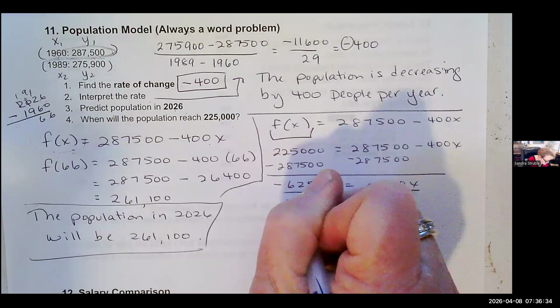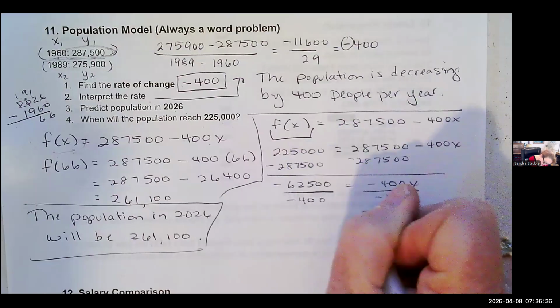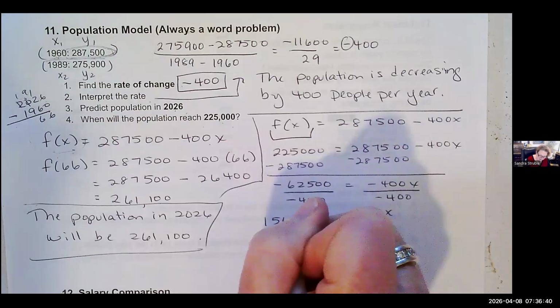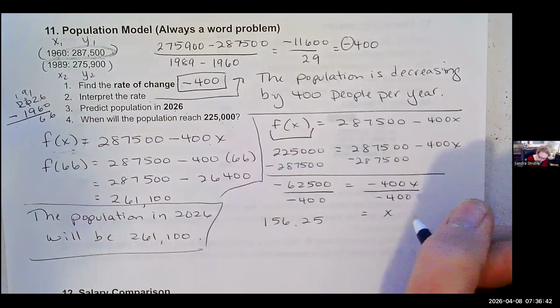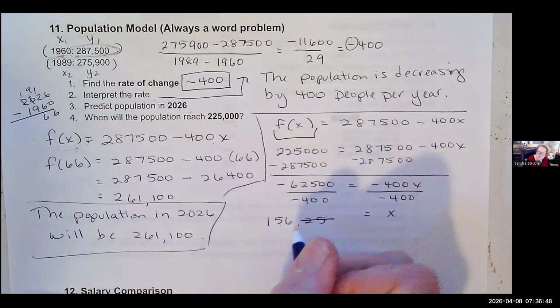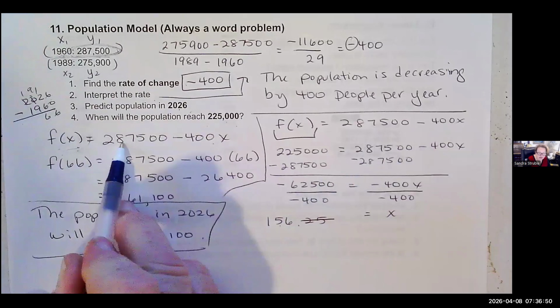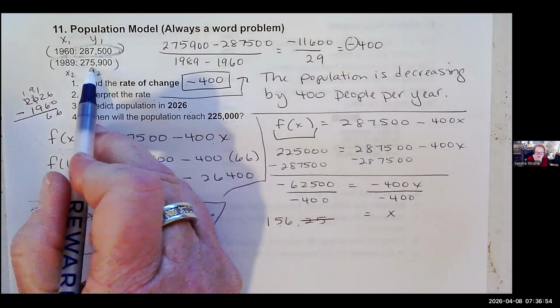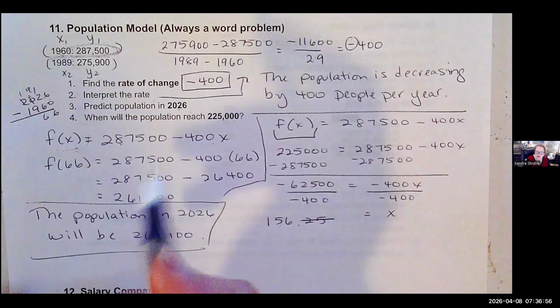And that is 156.25. I don't care about that decimal. That just tells me it happened in March. What I do care about is this. Because I used the 287.5, some of you will use the other one, whatever. You need to go back to whatever year you chose.